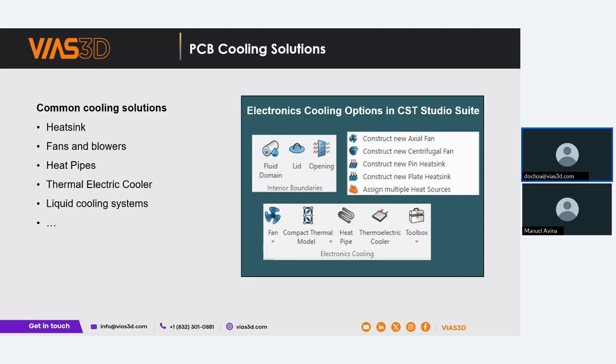It will create a 3D model of that just by entering the physical dimensions. That is part of CST. The screenshots that I'm showing here are coming directly from CST, available for cooling down your simulation model.